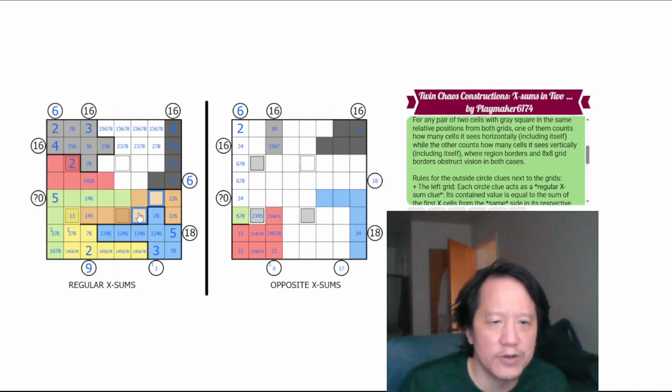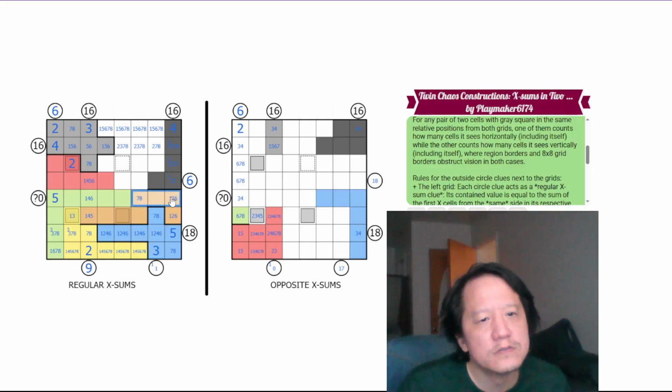This 7, 8 could not be any of these cells here, so it has to be here for the orange. This adds up to 20. So this must add up to 16.